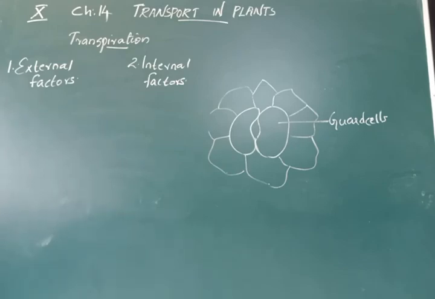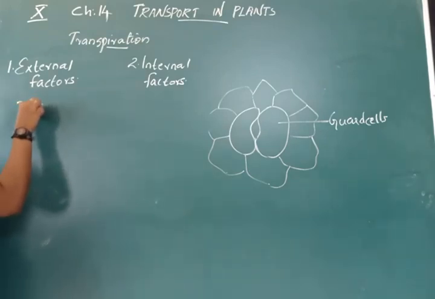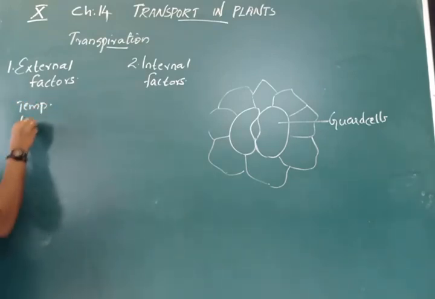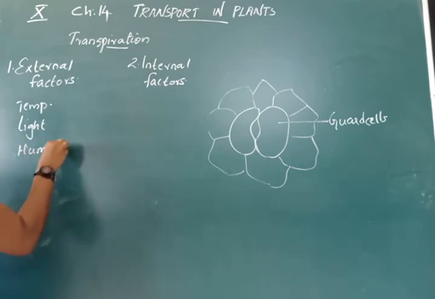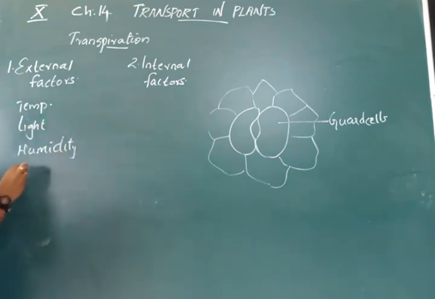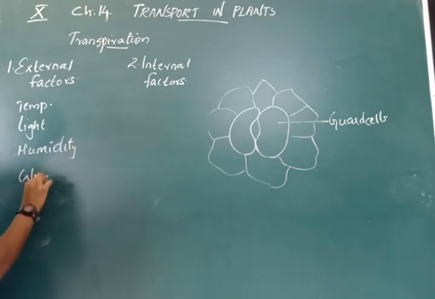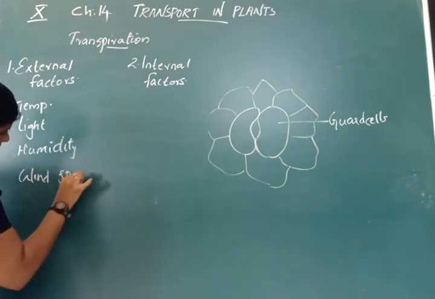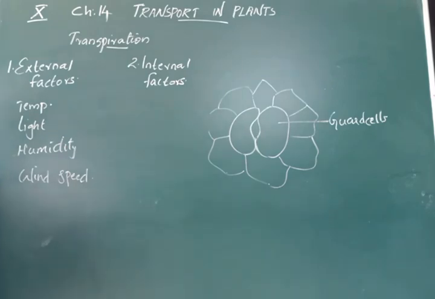Temperature, light, humidity and wind speed are the external factors that regulate transpiration.